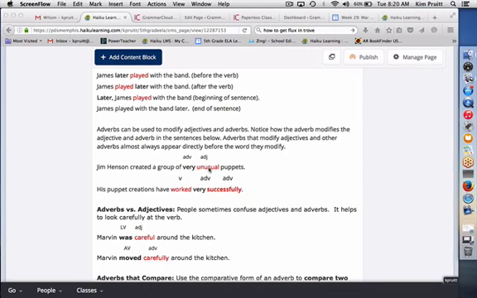Puppets is being described by the adjective unusual, like what kind of puppets, unusual puppets. But to what extent were they unusual? Very. Or how unusual? Very unusual. So we've got an adverb right next door to the adjective that it's modifying.